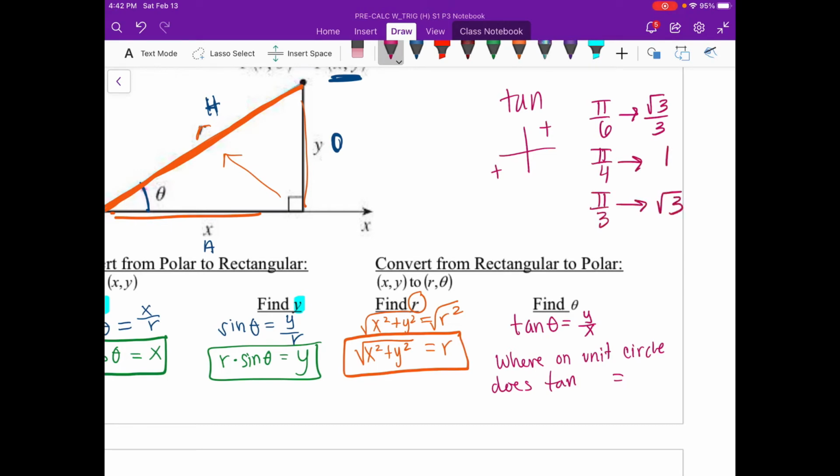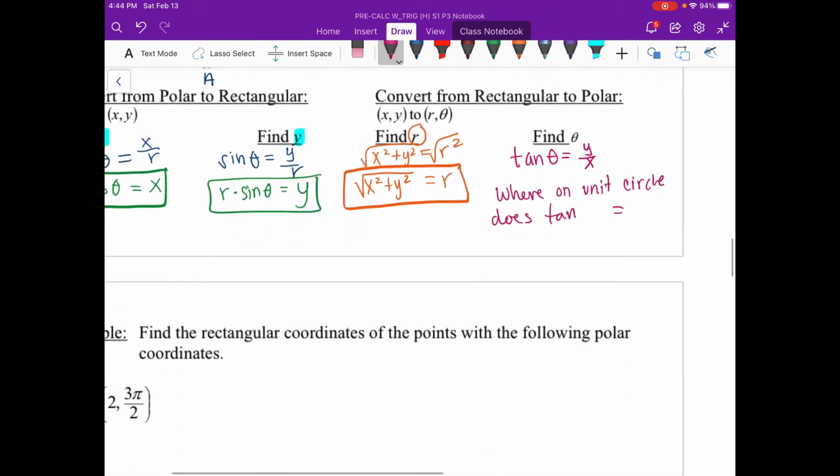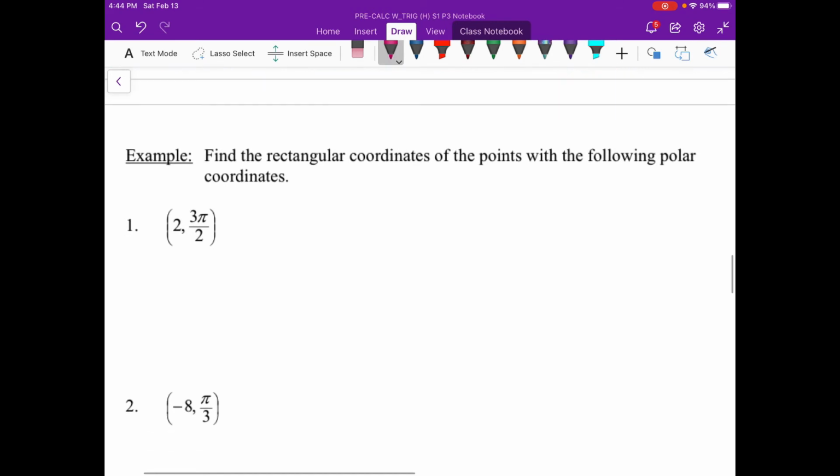And at any pi over 3, we're going to have a tangent of square root of 3. So those are good things to memorize. And again, this appears on your golden ticket as arc tangent because you're not setting up the ratio, but you're going backwards and saying, okay, where on the unit circle does tangent equal this? So let's just go ahead and start practicing these.